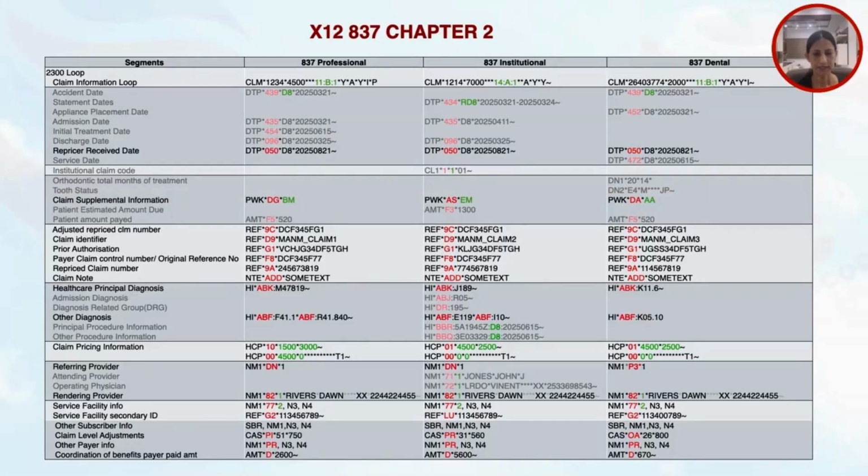Then the PWK segment, it's for supplemental information. This is used when payers are required to send any kind of additional information for supporting the claim. So for example, physician's order or diagnostic reports, discharge summary, lab results, or even dental models details or periodontal charts, etc. So PWK01 has the code that indicates the content of the attachment.